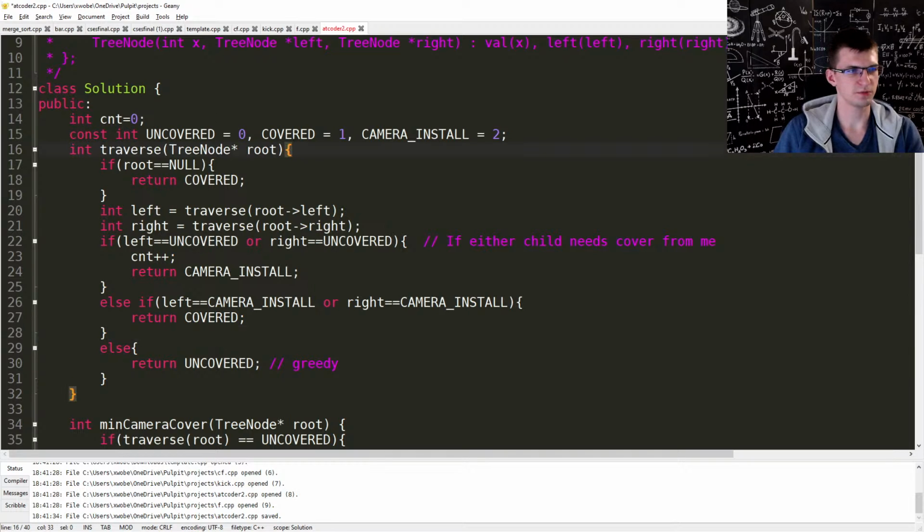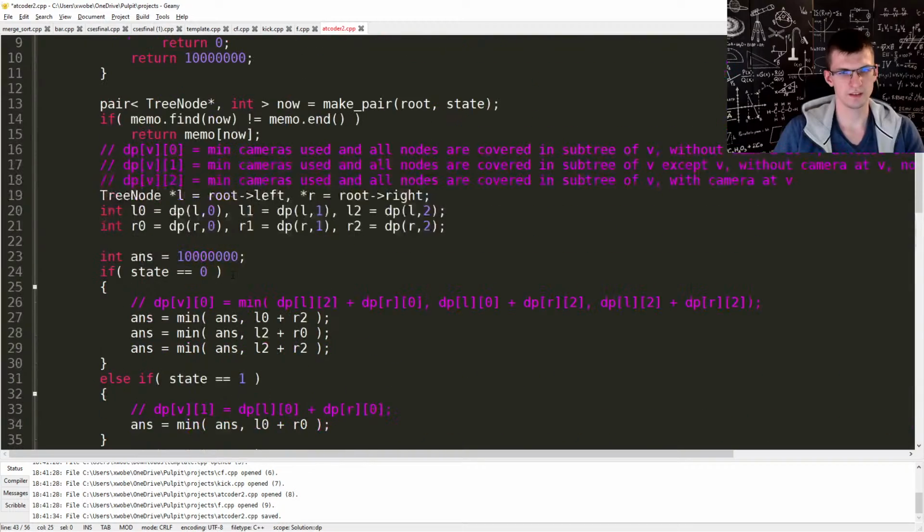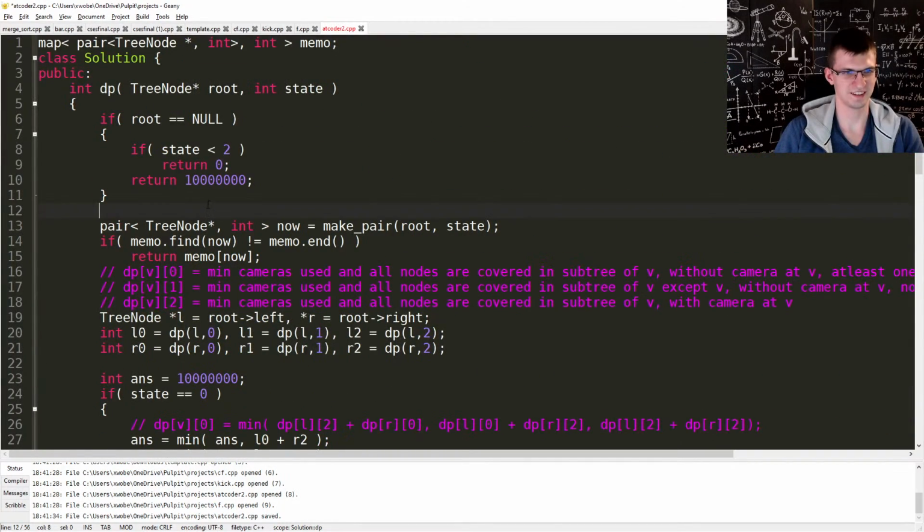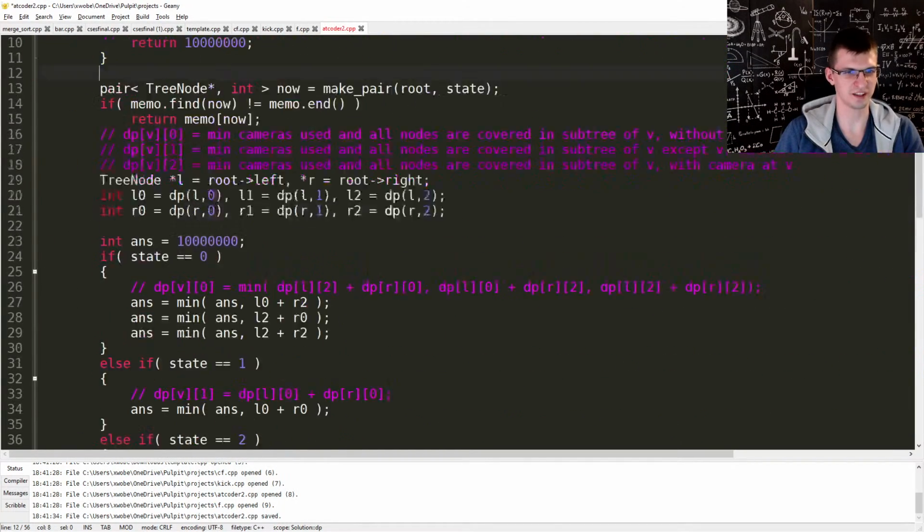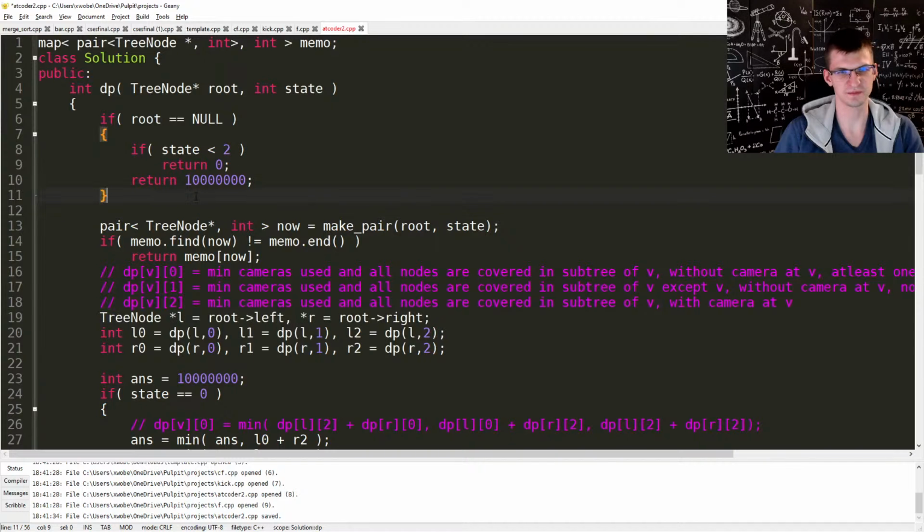Cool. Let's move on, and now I will also grab some DP solution. If you have any questions about what I'm doing, then sure, tell me. This is a DP, and it's much uglier, so here I might say more about the correctness.